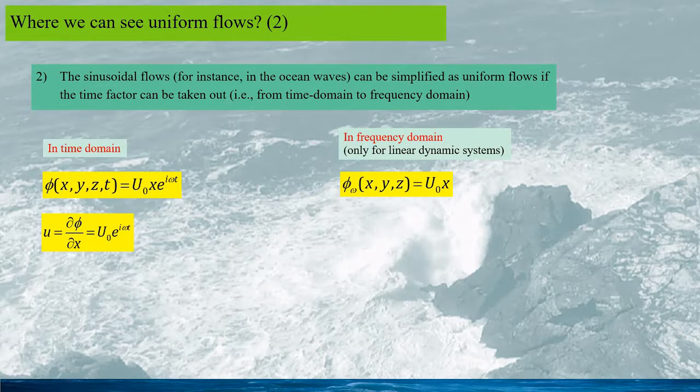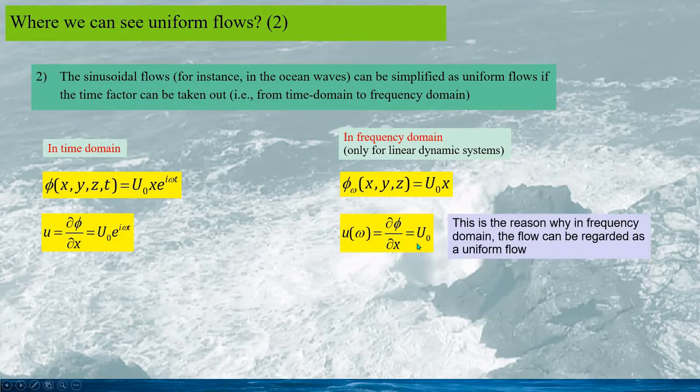You can see the corresponding velocity potential function in frequency domain is the velocity potential function by omitting the time factor. Similarly, the velocity in the frequency domain is given by this. So we can see this velocity is a uniform velocity in frequency domain.